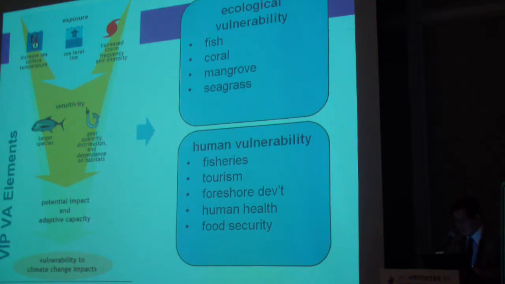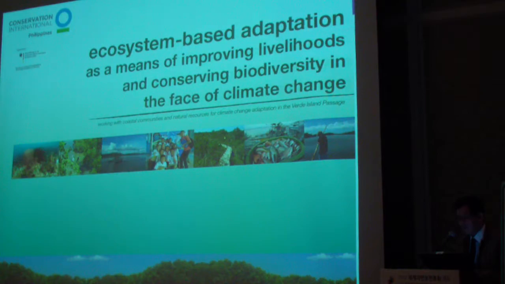So this was the result of that earlier intervention. And as a result of that intervention, when we did the vulnerability assessment, now we are implementing the ecosystem-based adaptation as a means of improving livelihoods and conserving biodiversity in the face of climate change.